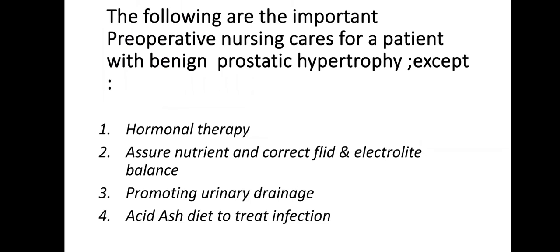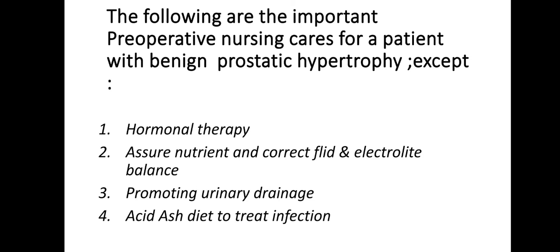Next question. The following are the important preoperative nursing cares for a patient with benign prostatic hypertrophy, except. Options: hormonal therapy. Option B, assure nutrient and correct fluid and electrolyte balance. Third option, promoting urinary drainage.